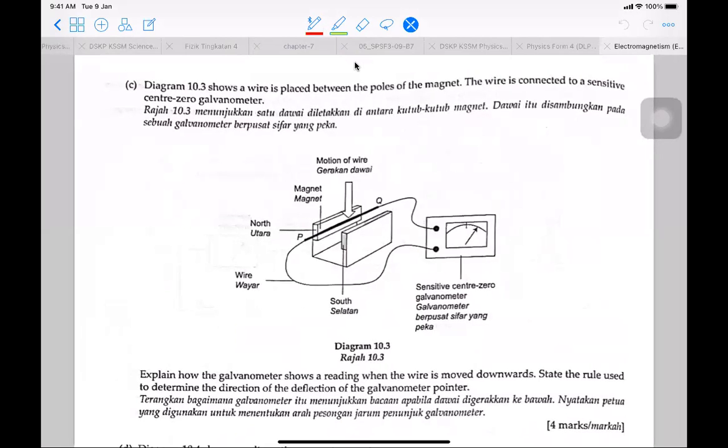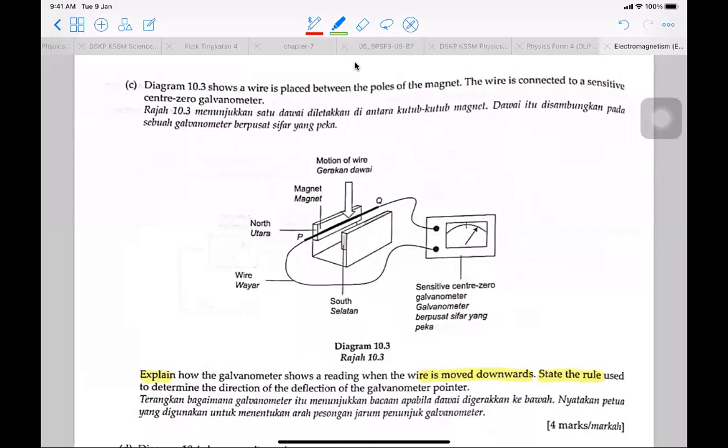Okay. Question C. Diagram 10.3 shows a wire is placed between the poles of the magnet. The wire is connected to a sensitive center zero galvanometer. Explain how the galvanometer shows a reading when the wire is moved downwards.